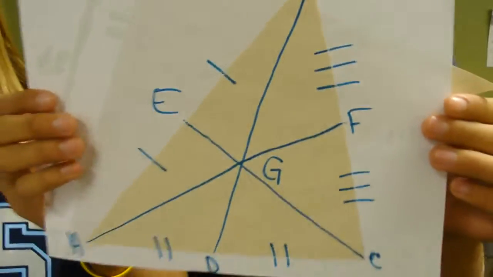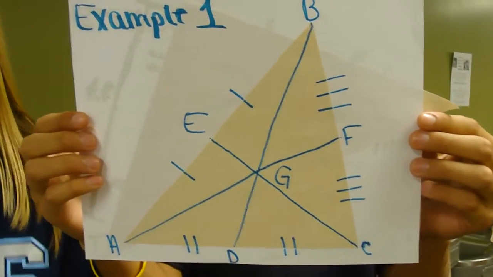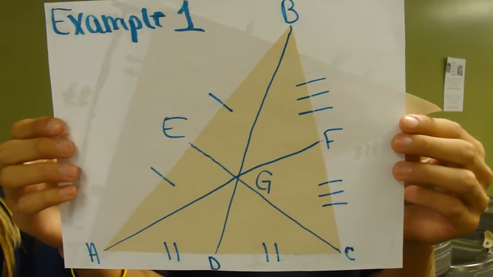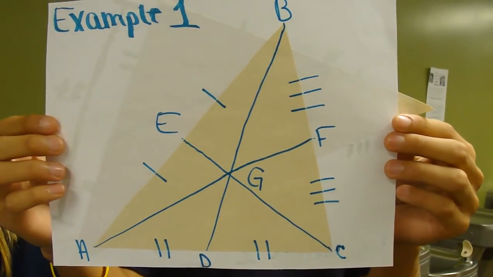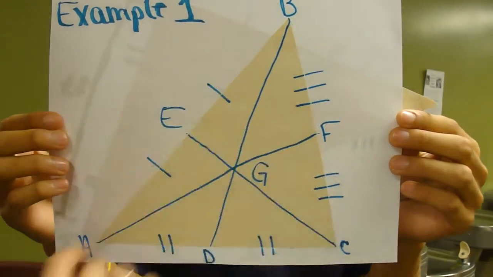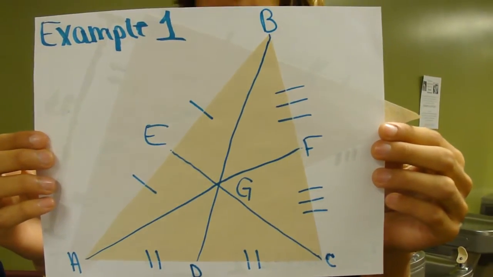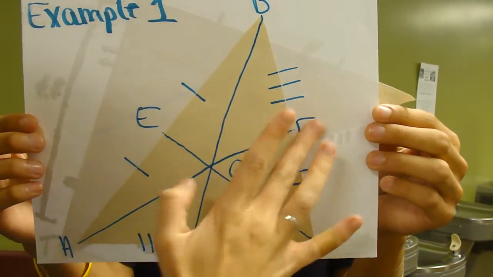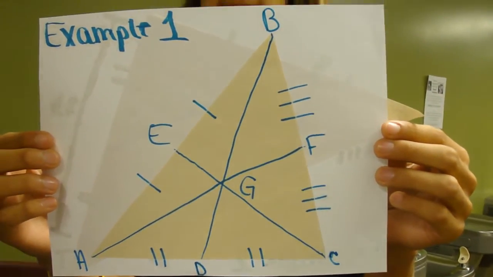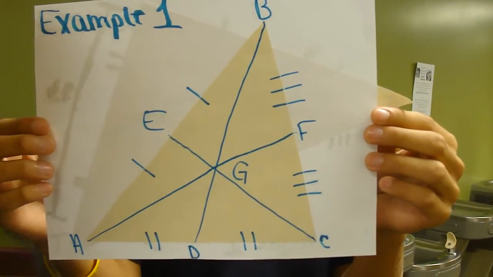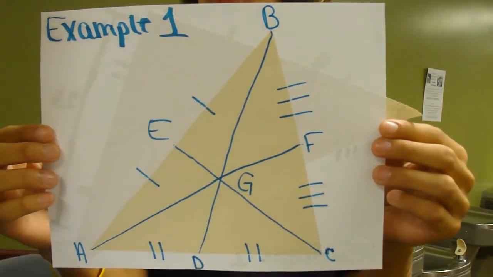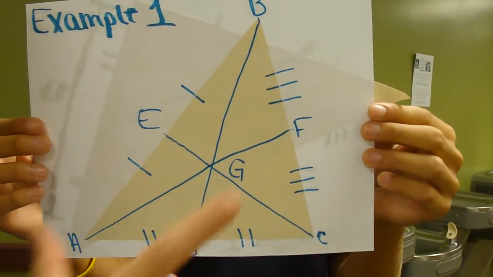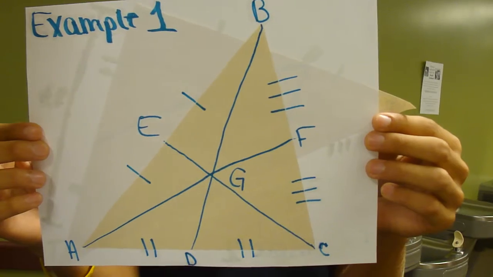Hi, I'm Dr. Bond. Okay, this is using the centroid to find segment lengths. In triangle ABC, if AF equals 9 and GE equals 2.4, you have to find each length. Now we're going to find AG using the centroid theorem.